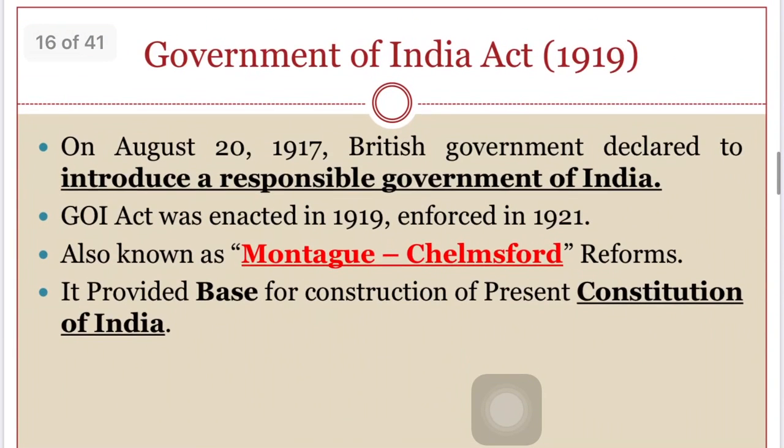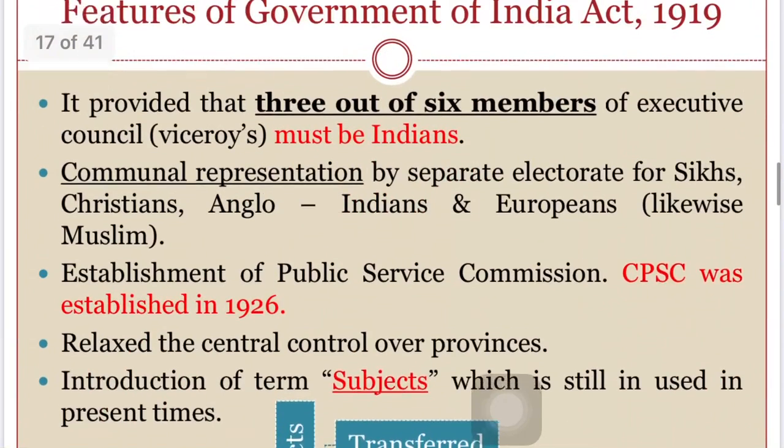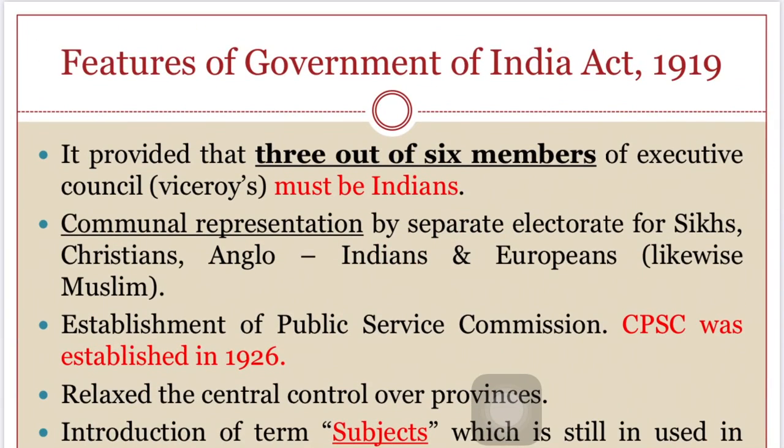So the Government of India Act 1919: on August 20, 1917, the British government declared its intention to introduce responsible government in India. It is also called the Montagu-Chelmsford Reforms. It provided the basis of the present constitution of India. These are the features of the Government of India Act.